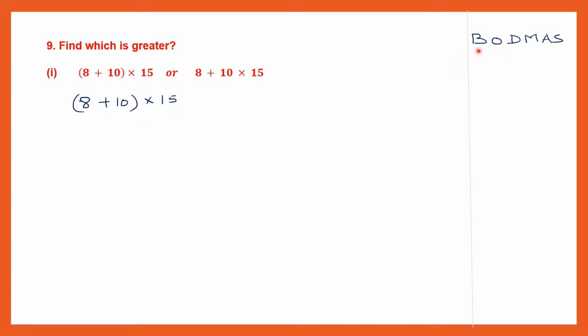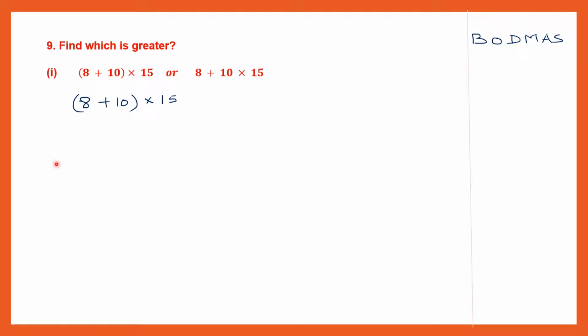If there are brackets given, we have to remove those brackets. After that, we do OF, then division, multiplication, addition and subtraction. So this is the order to follow when a sum has more than one operation. So we should remove the brackets first. So we're going to do that.